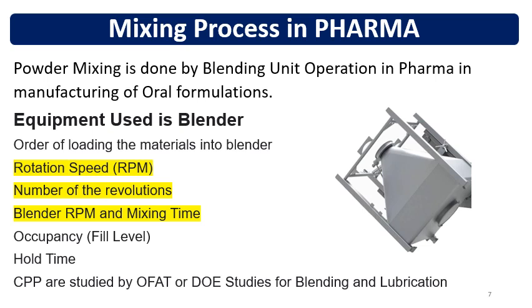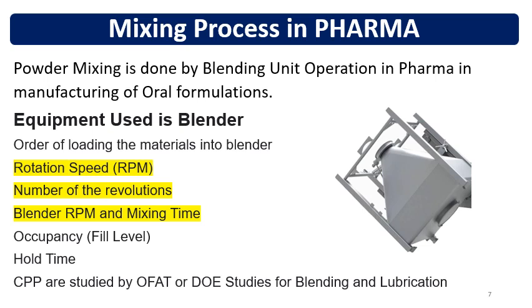So powder mixing is done by blending unit operation in pharma for manufacturing of oral formulations. The equipment is called as blender, and the main critical process parameters will be order of loading the materials into the blender. Many of the pharmaceutical professionals know about the sandwich blending. Sandwich blending means the materials are loaded layer by layer, and the material which is having very low concentration or very low level, that is kept in between the two layers of the higher level material.